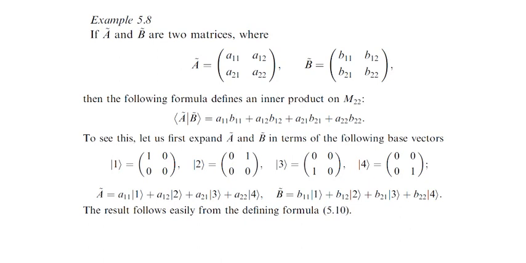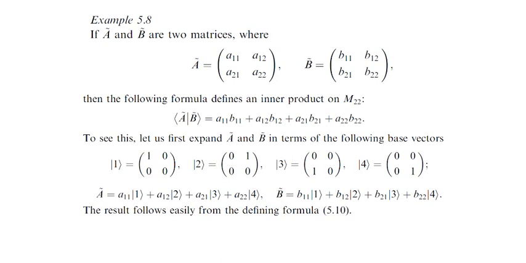Now how do we write it like this? Just imagine writing A in terms of basis vectors 1, 2, 3 and 4. It would be like this, isn't it? A11 times vector 1. Vector 1 is this matrix. If you multiply it with A11, you would get a matrix with A11 in this position.